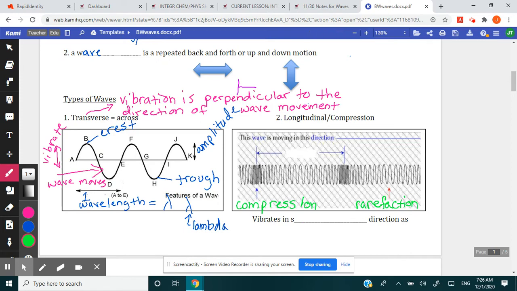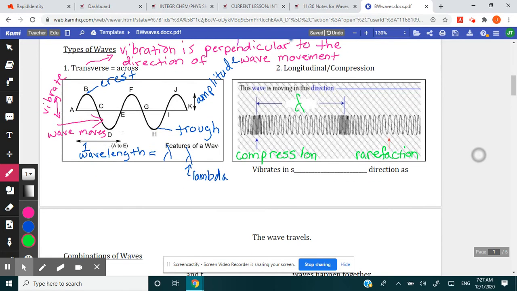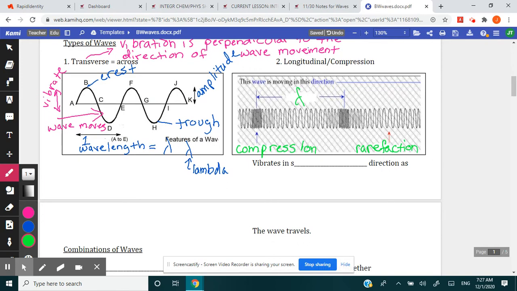Rarefaction. Okay, looking from compression to compression is one wavelength. And remember, our symbol lambda means the wavelength. So it's important to recognize that, and the text got cut off.